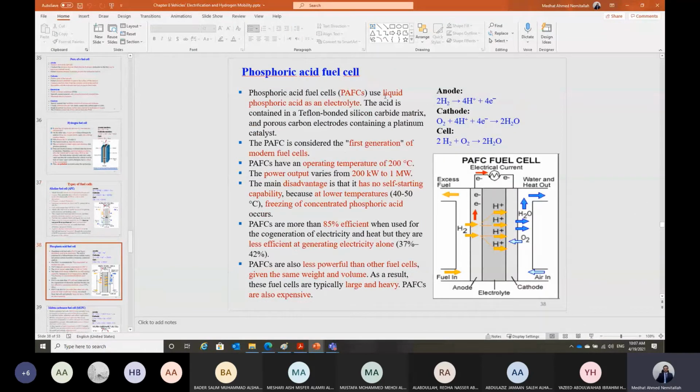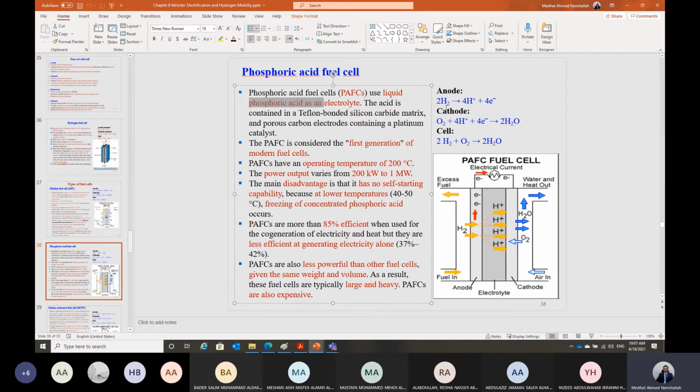We have another kind of fuel cell. We can have the phosphoric acid fuel cell, in which the electrolyte is phosphoric acid, and the ions allowed to transfer through this liquid electrolyte are the positively charged hydrogen ions.